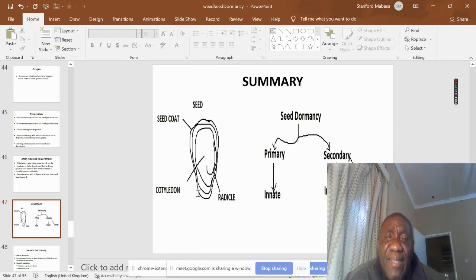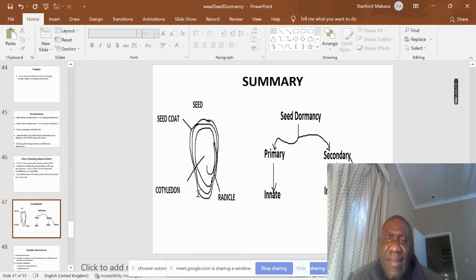And we said that one of the characteristics of weed seeds is seed dormancy, which can be divided into primary dormancy and secondary dormancy. And the primary dormancy is the innate dormancy. That is the dormancy which is found in seeds which are being shed by the weeds.